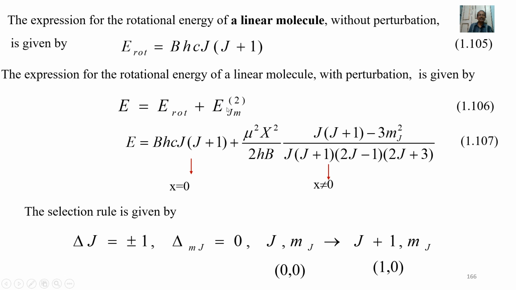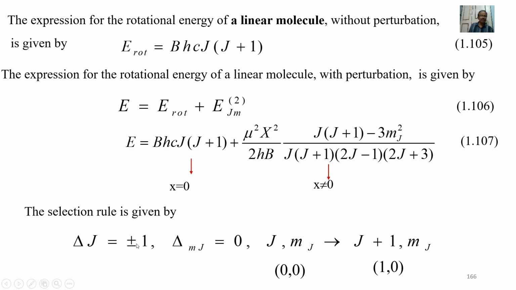So this is unperturbed and this is perturbed. This is the unperturbed expression for the rotational energy, and this is the expression for the second order correction. This is in the absence of electric field, and this is in the presence of electric field.